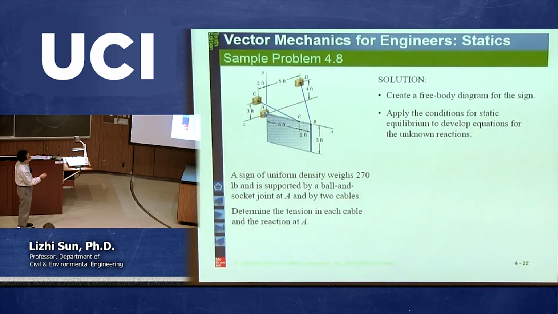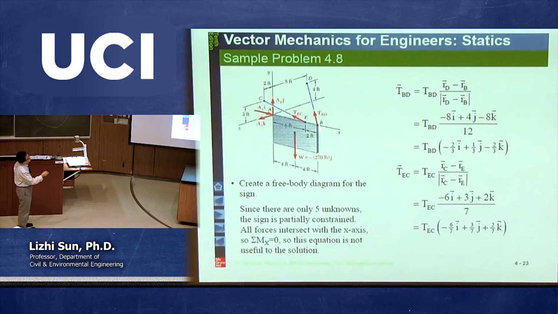We cut these two cables, and then we give these two reactions: one is cable EC, and one is cable TBD. We just need to figure out these forces. After we have all the forces, we write down those six equations. I'm going to switch to the overhead projector to show you how we can solve this problem.